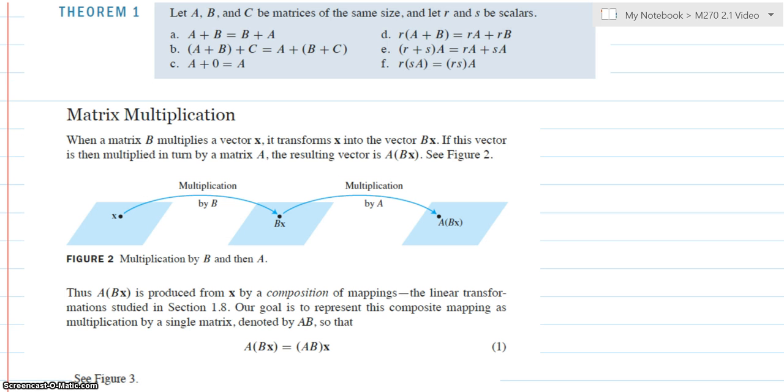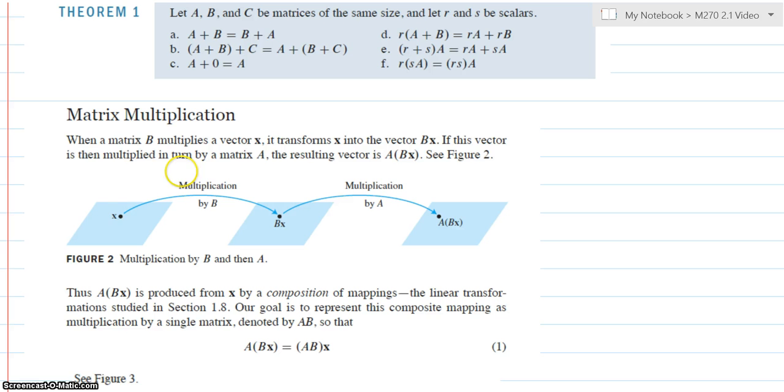As we saw in the last section, you can think of matrix multiplication as a composition of mappings. I'm just going to read the textbook: when a matrix B multiplies a vector x, it transforms into the vector Bx.